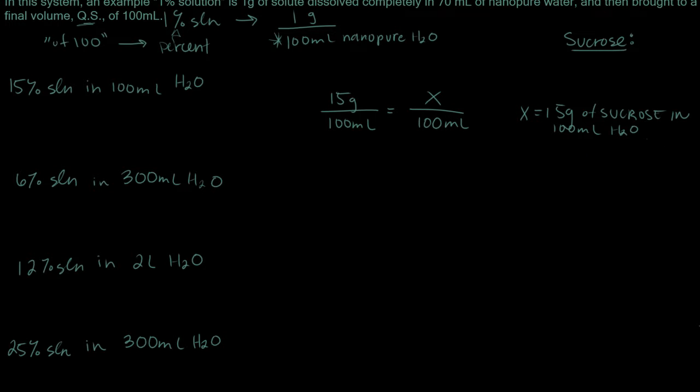And there's our answer. If we were in the lab, we'd find ourselves the sucrose, weigh out 15 grams exactly, dump it into about 70, maybe 80, maybe even 90 mils of nanopure, mix it, and then QS it. But we're not in the lab, we're at the computer, and so here we are.